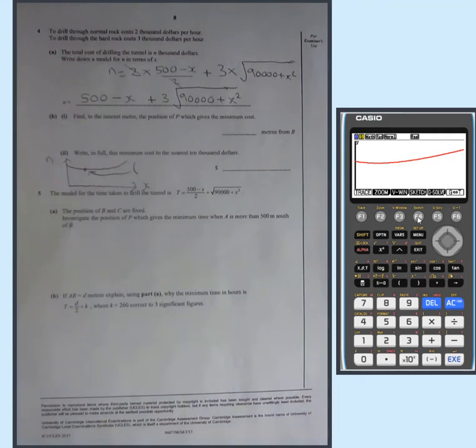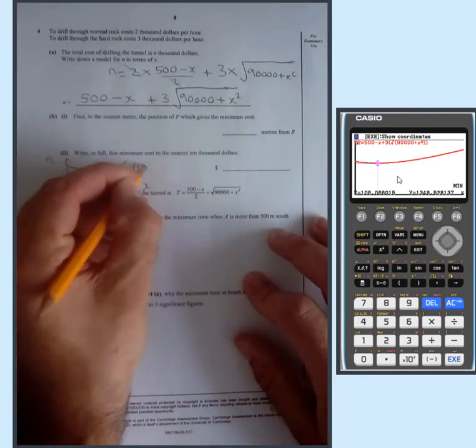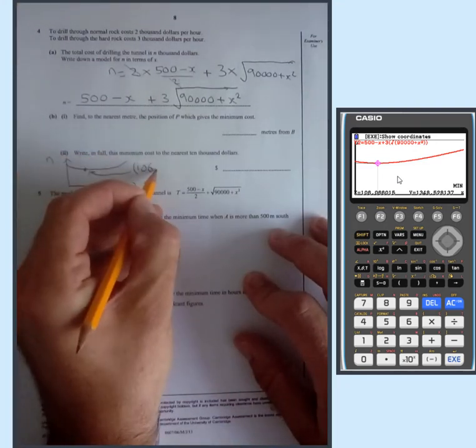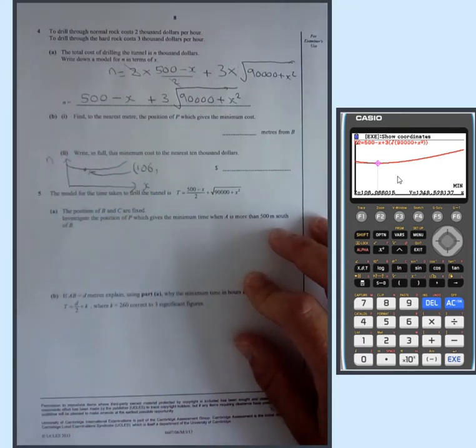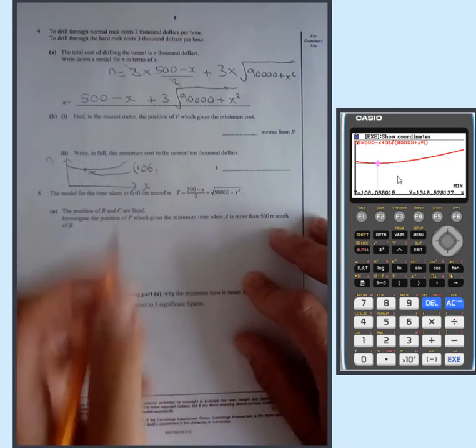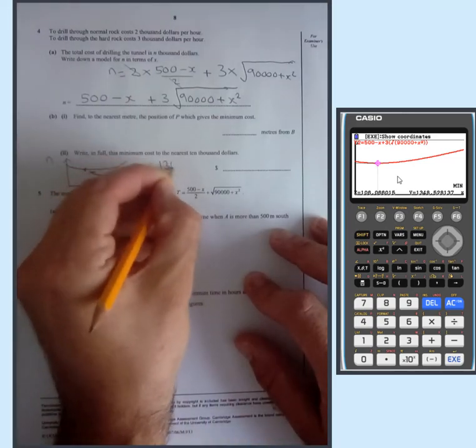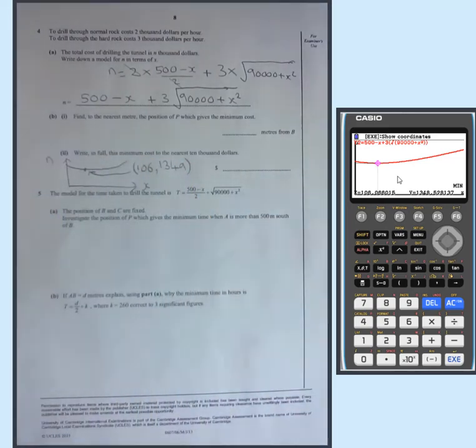So I'm going to Shift G-Solve, and I'm looking for a minimum, and that tells me when x is 106, y is 1348 or 1349. Okay, so I've got some communication in there. It could prove handy later.